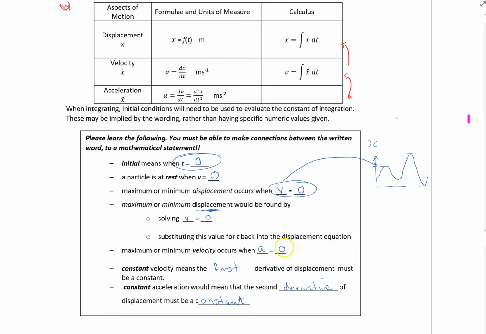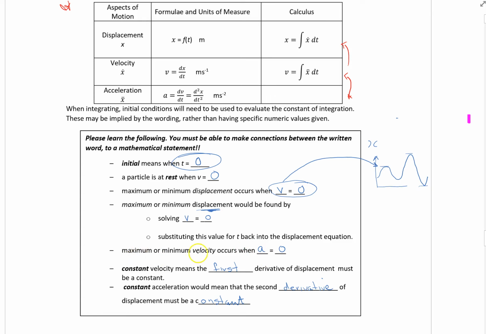I've paused the video and filled out the rest of these because I'm running out of time on the video, but in a similar way to the concept of velocity being the derivative of displacement, acceleration is the derivative of velocity.